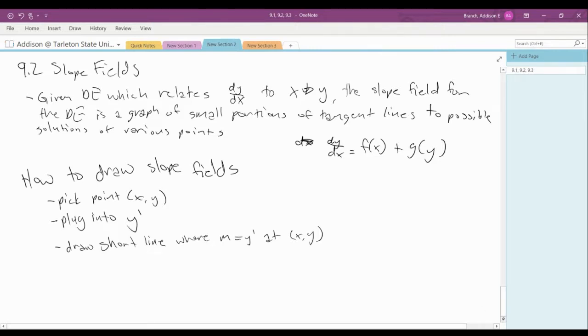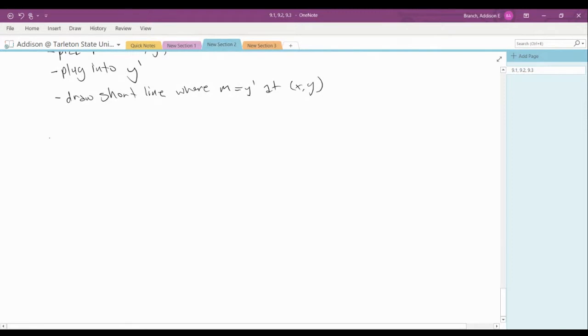So just to show you an example with a few points, I'm just going to stick to the first quadrant for this example. And we're going to say we want to draw a slope field for y prime is equal to x minus y plus 1.